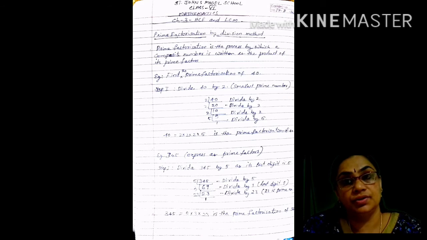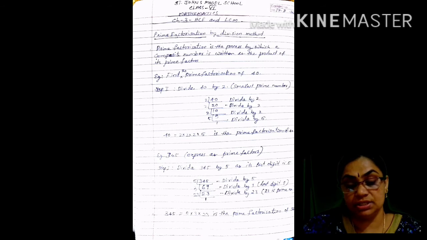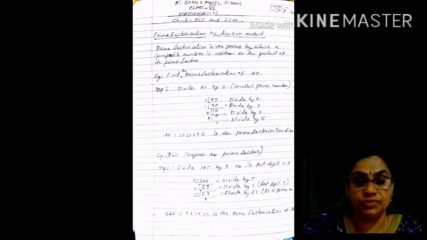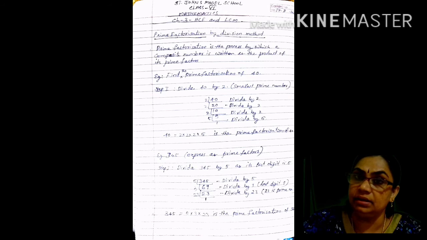So we will try for 3. Try for 3 means you have to use the divisibility test of 3. 6 plus 9 is 15. 15 is divisible by 3, so this 69 will be divisible by 3. When we divide it, you will get 23.